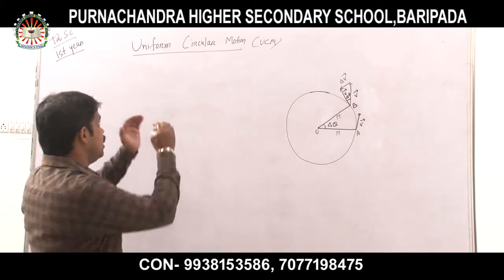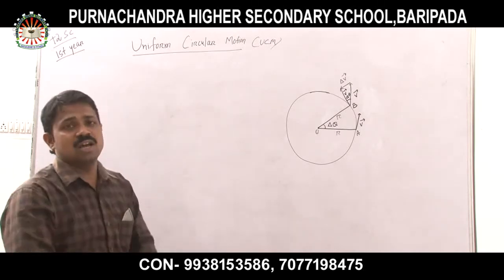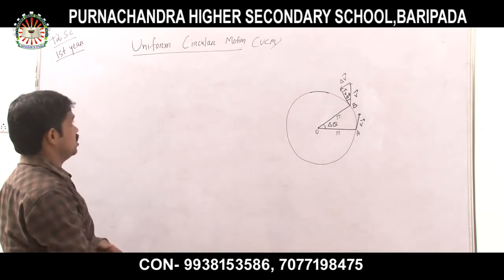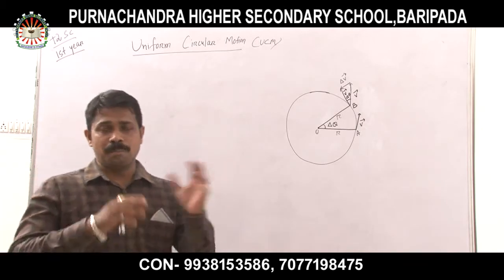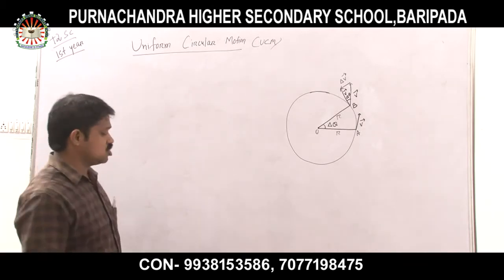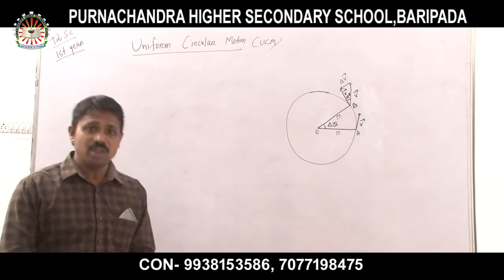Now in this class we are extending this chapter. The next part of circular motion is uniform circular motion, which is an important section of circular motion. So first of all, let us understand how circular motion can be a uniform one.